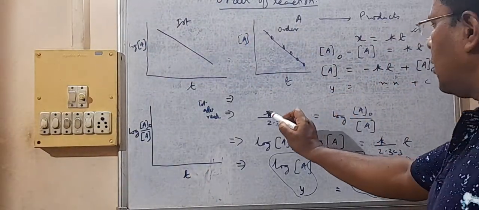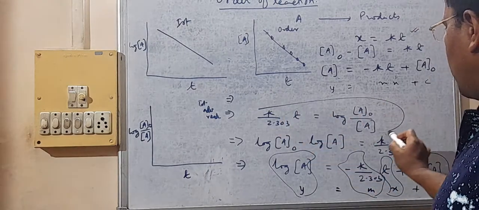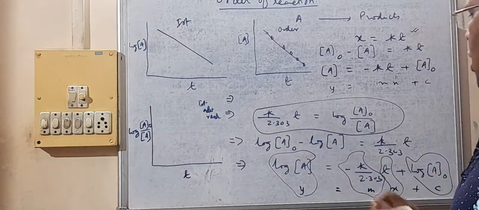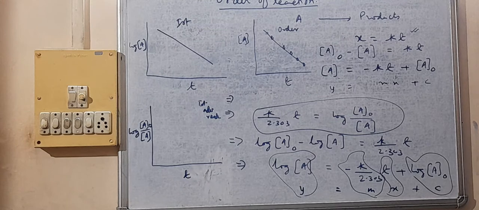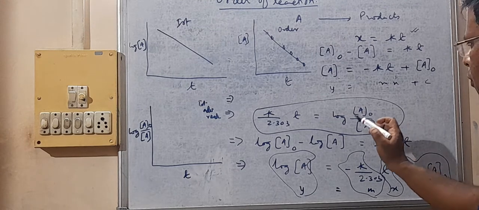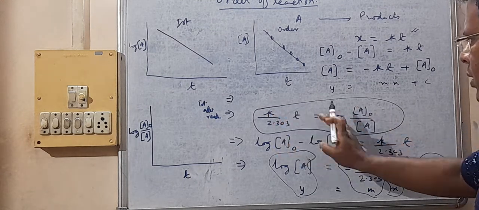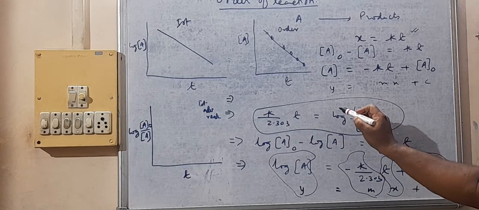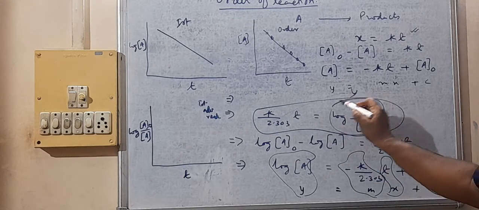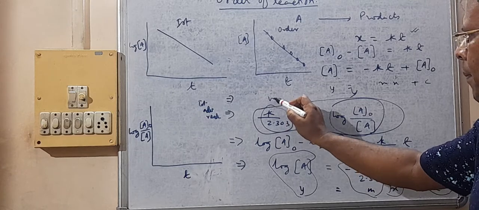Now you see, we already know for first order reaction, this is the thing that we get. So you see, it is of the form y equal to mx. This entire thing we consider as y, this as m.